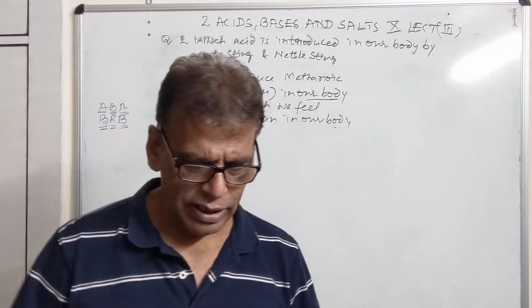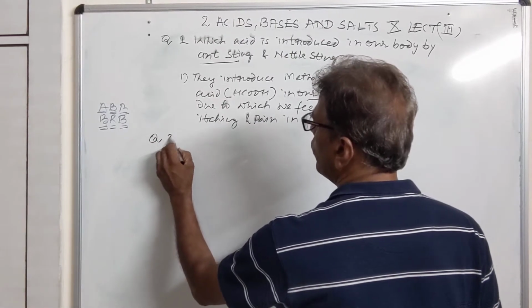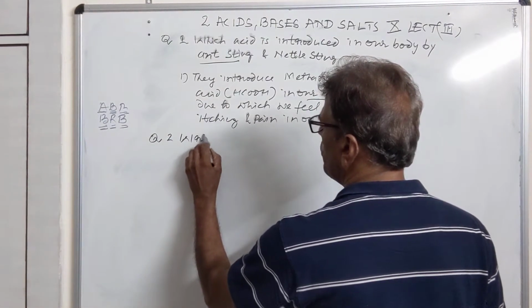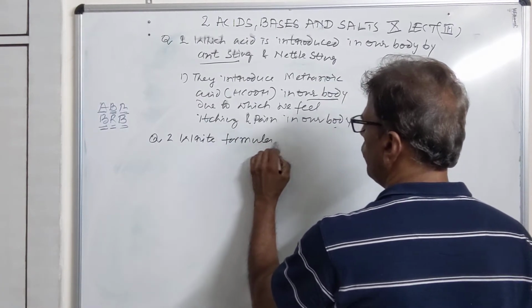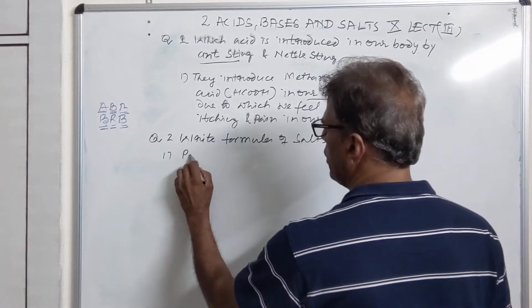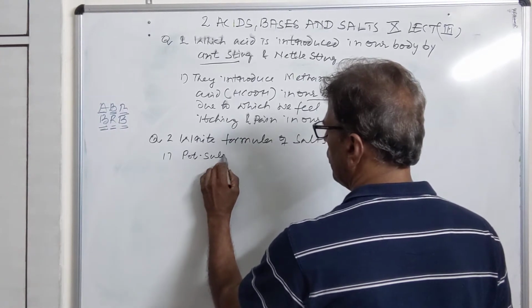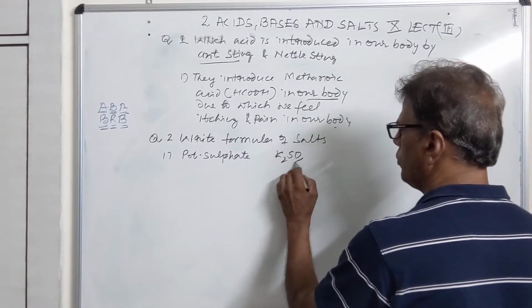Then we have the next activity: write the formula of a few salts. First salt is potassium sulfate. Its formula is K2SO4.